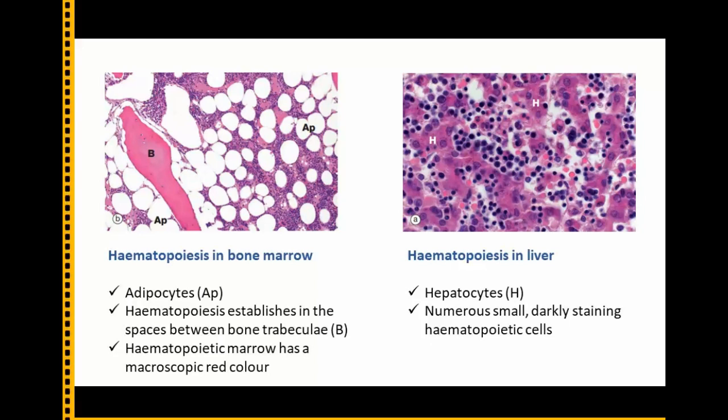That place will be clearly visible as a red space. Adipocytes will be visible as white or pale yellow staining globules. And for hematopoiesis in liver, you can see pink colored hepatocytes and darkly staining hematopoietic cells. These darkly staining small round ones are hematopoietic cells.